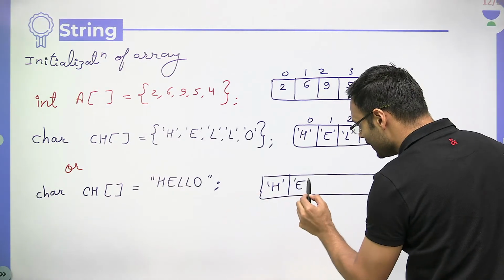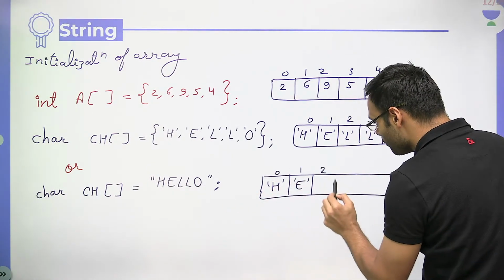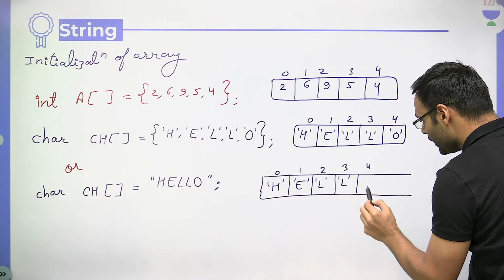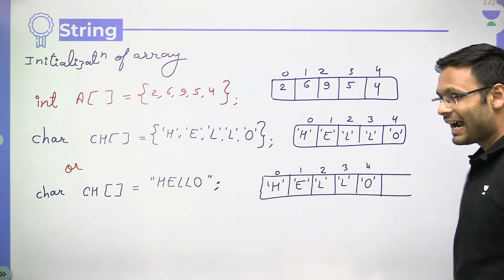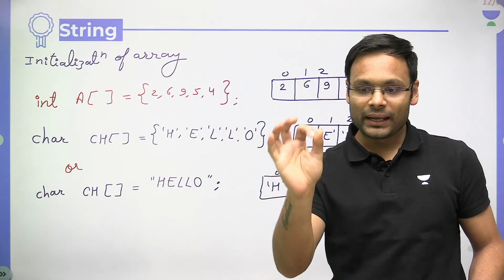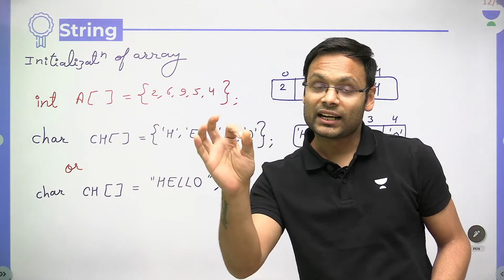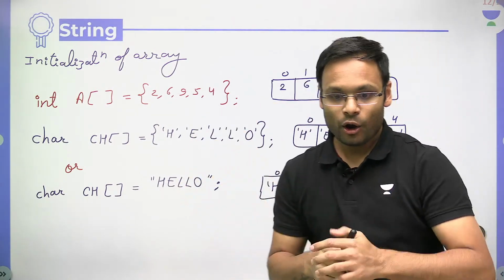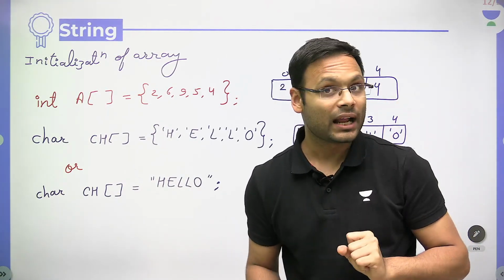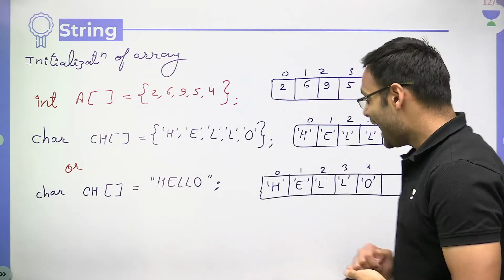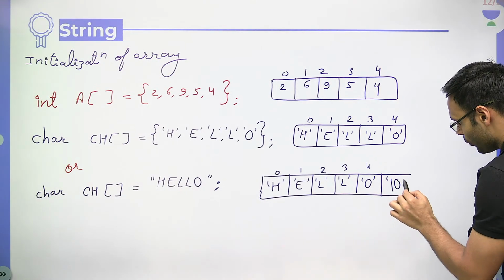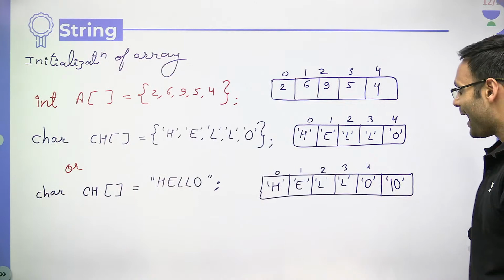Next one is E. Index number 1 is E. Index number 2 is L. Index number 3 is L. Index number 4 is O. But apart from that, one more character will be added implicitly. यहाँ पे एक और कैरेक्टर ऐड हो जाएगा implicitly और उसका नाम है null character. क्या नाम है? null character. And that null character will be represented by \0. This is a single character only, \0.